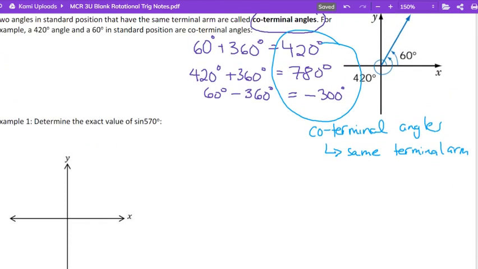So yesterday we said that terminal means final, like a final destination. Well, in this case, that's the same thing, right? So we're just saying, all of these angles are coterminal because they all have the same final destination.